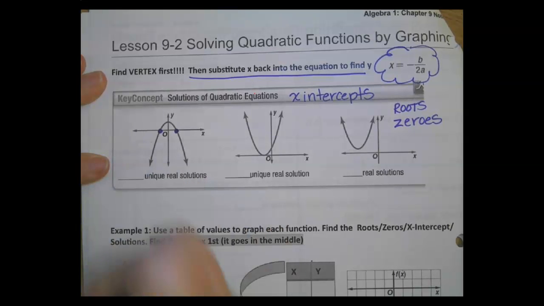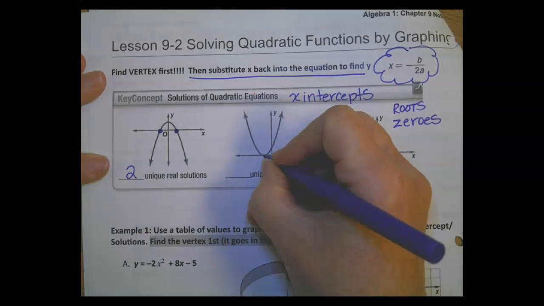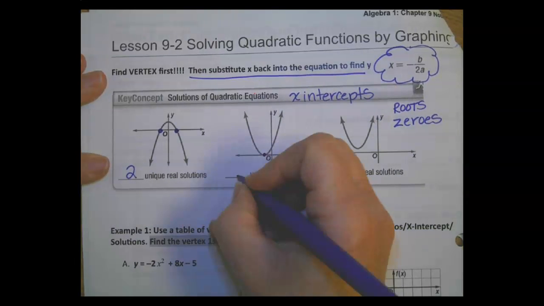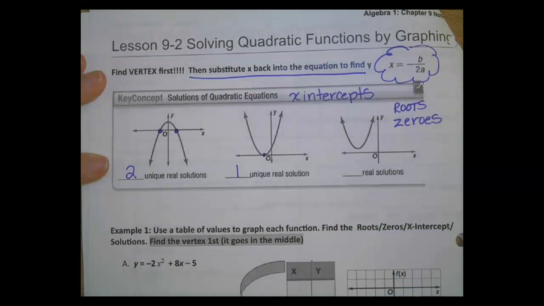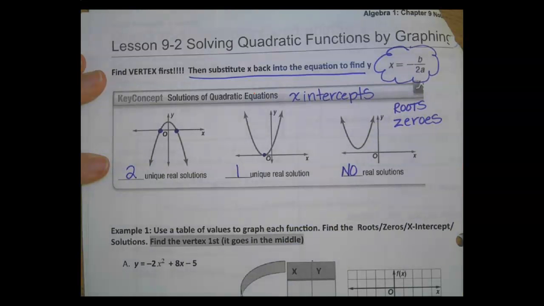So if you look here, there's two solutions. On this one, it crosses the x in one spot, so it has one solution. And here it doesn't touch the x at all, so it has no solutions.